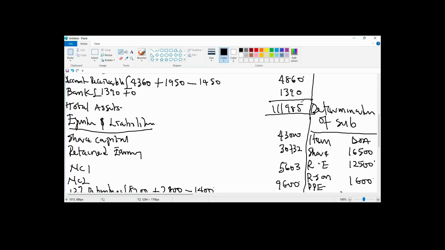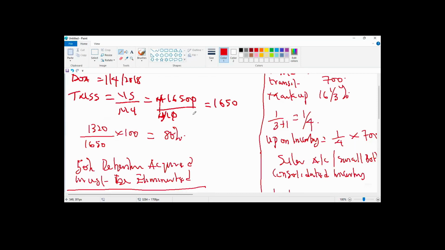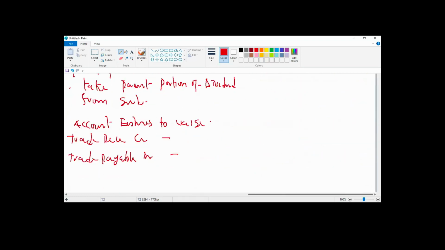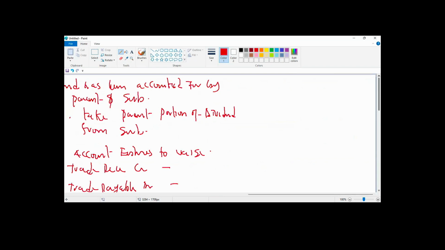So take note of what we have done today, especially the adjustments. What are the adjustments the question tells us? One, it tells us the adjustments that were confronted in the question.